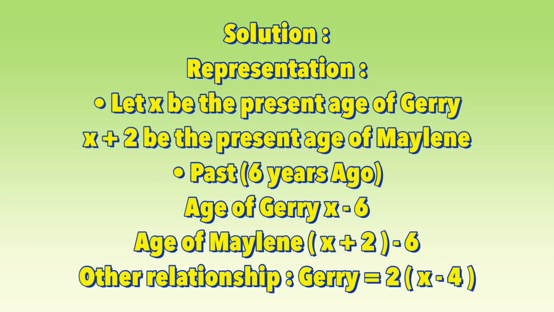And we have to look for the other relationship stated in the problem. Jerry's age will be twice Millen's age. So the age of Millen, x plus 2 minus 6, equals x minus 4. Our other relationship is double the difference of x and 4.